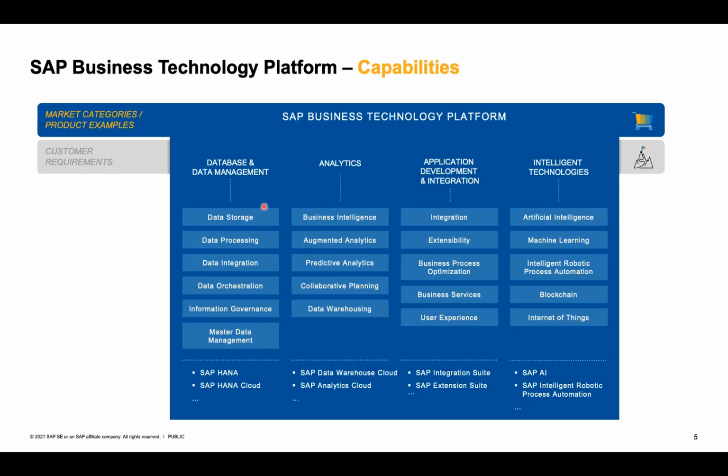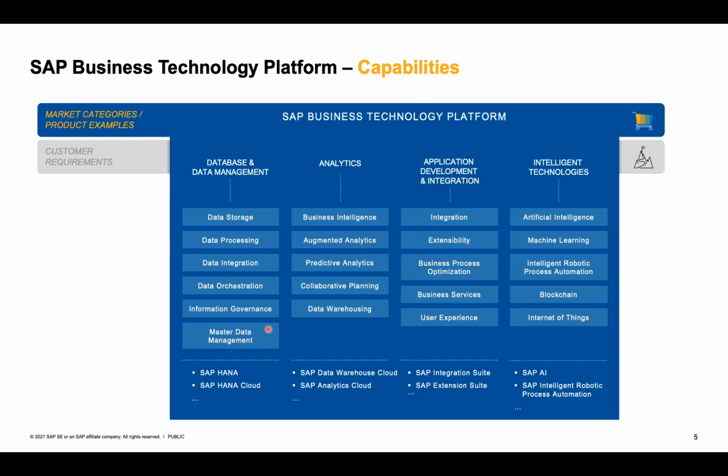We want to do it ourselves, and we also would like our customers to follow this paradigm, to have the Business Technology Platform as a base for everything that is developed, at least when it's SAP related. And you see here the capabilities, or the current state.